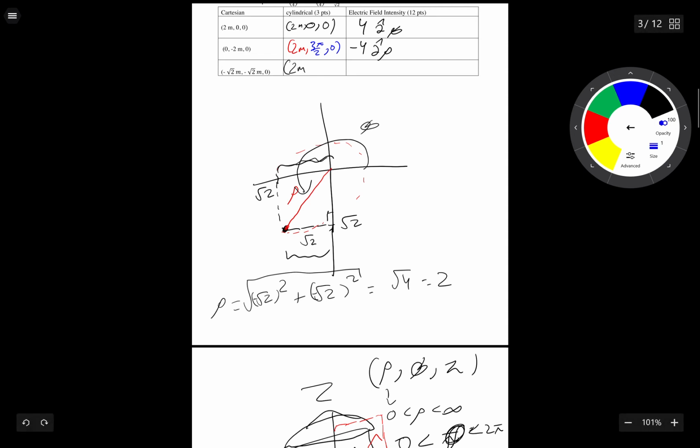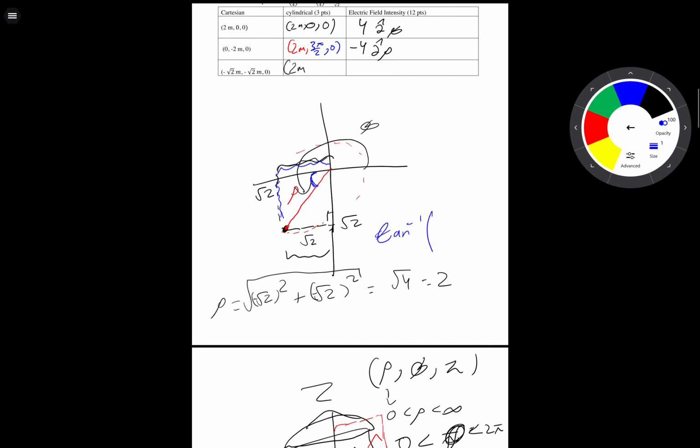Let me change colors to show you better. So we know what this is, and we know what this is. We just want to know what this is, and we even know what rho is, so you can in essence use any of the trig functions, but let's use tan inverse because initially we had our x and y components.